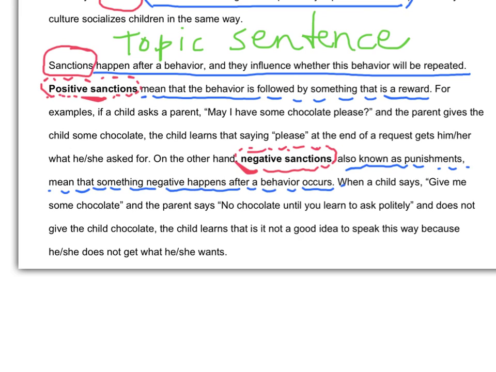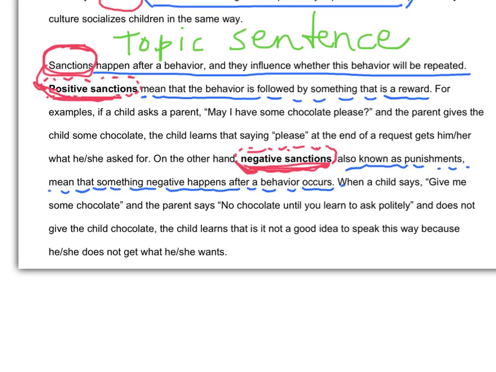So really what's happening is we have our main idea, sanctions. We have this next thing, positive sanctions, that's supporting idea number 1, and negative sanctions, that's supporting idea number 2. And each of those comes with its own definition.